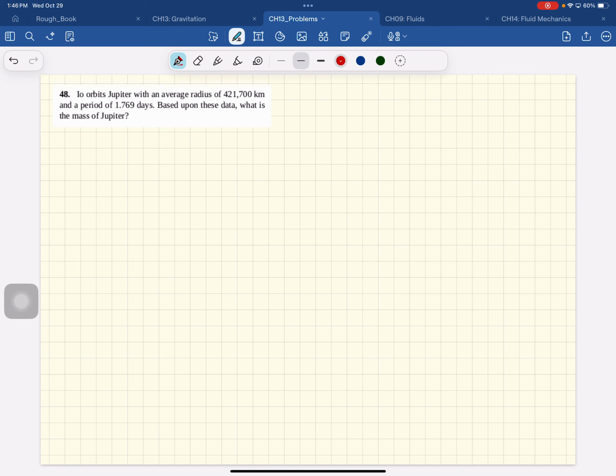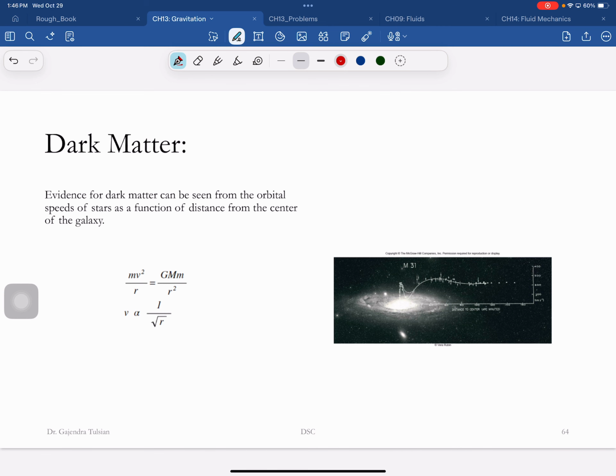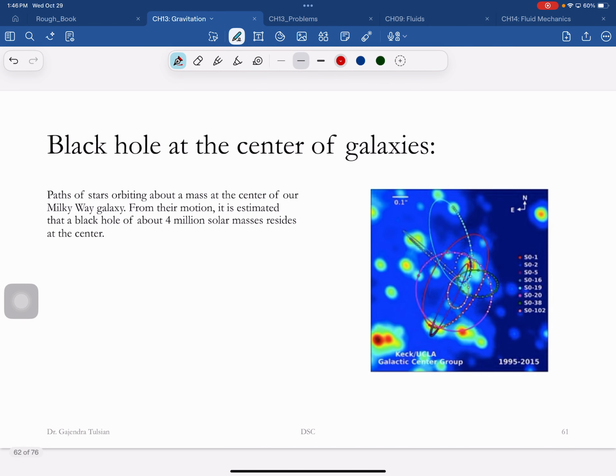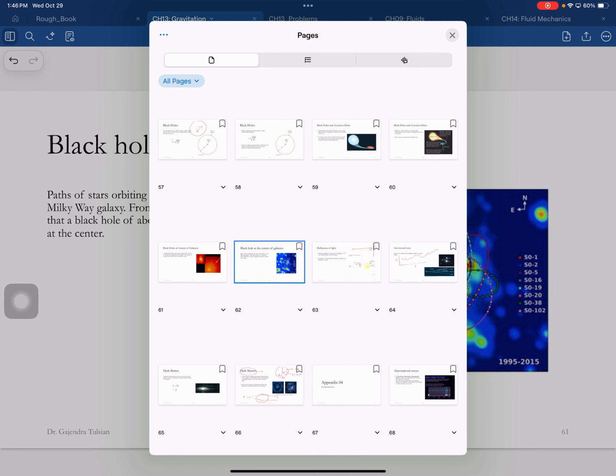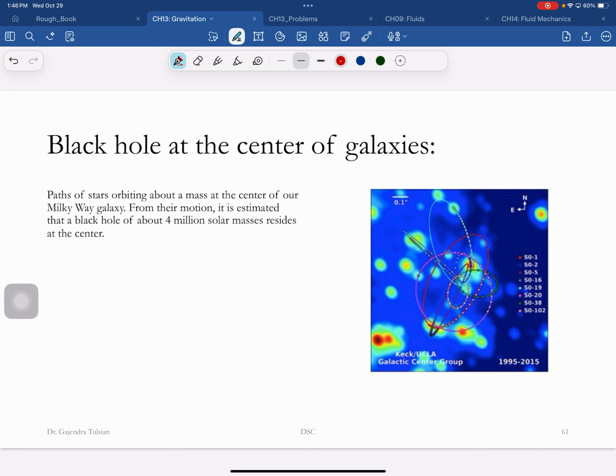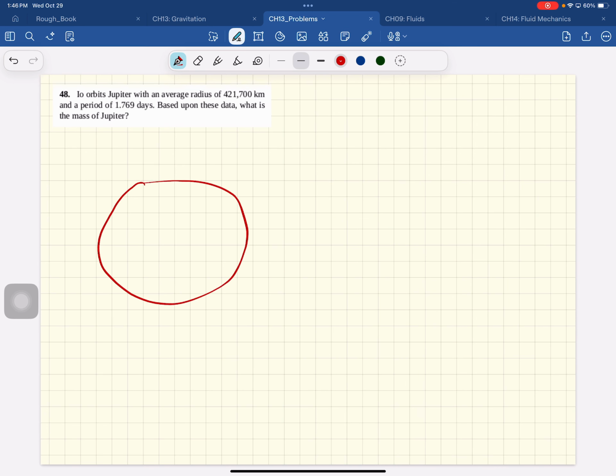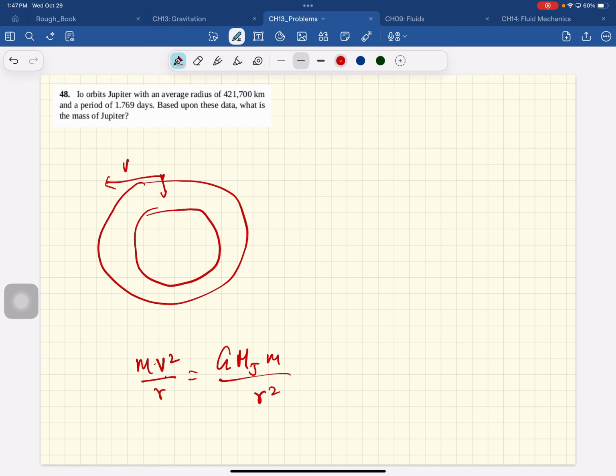The more massive the object, the faster you're going. We'll use Kepler's third law. Actually, I don't want to use Kepler's third law. So here's Jupiter. What is providing the centripetal force? mv squared by r is GMm over r squared, where M is the mass of Jupiter.